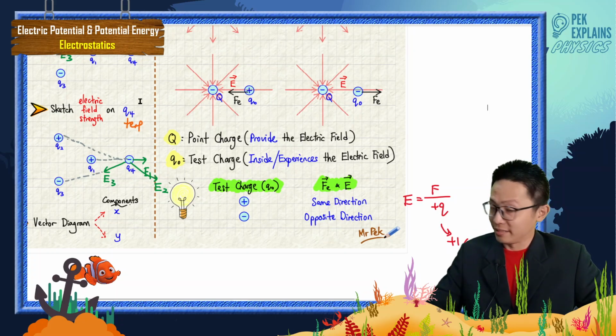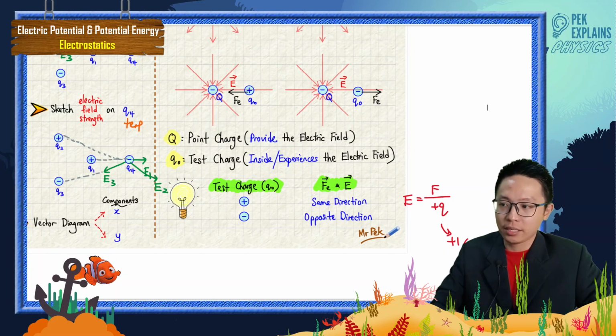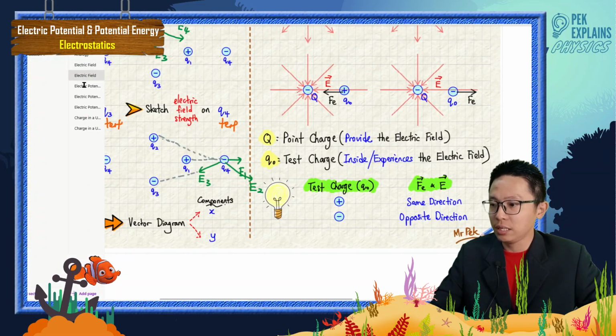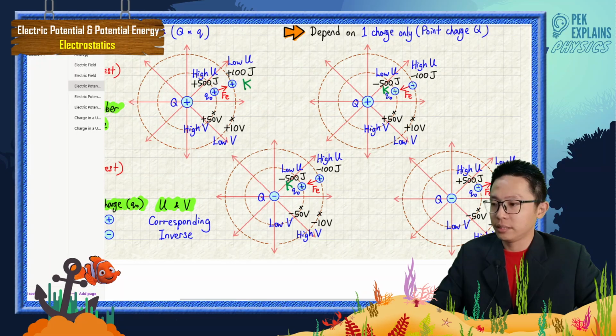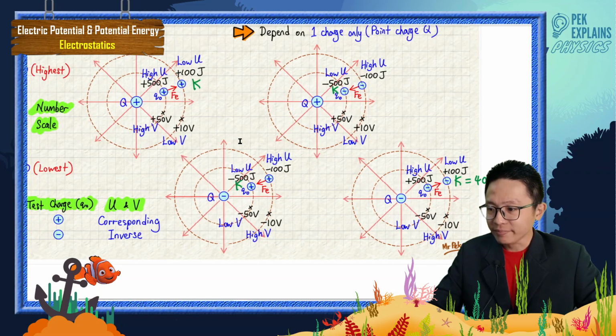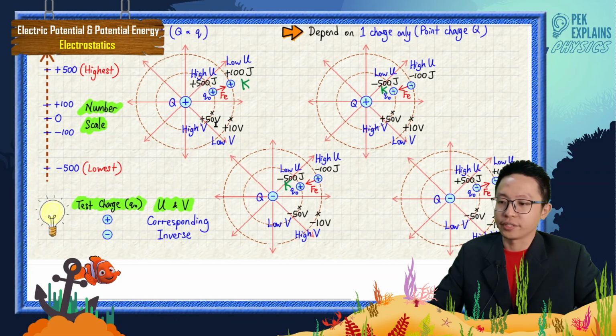Now, same case for the potential and potential energy. You see for yourself. Here, this is a positive potential. This one also positive. This is a positive test charge.